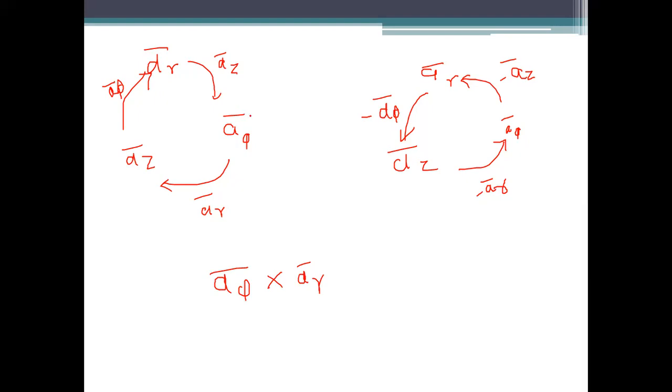A bar phi cross A bar R means we are going in reverse direction, right? If we are going in reverse direction, the sign should be negative here. That is, the unit vector is minus A bar Z. Did you understand? So it is minus A bar Z.